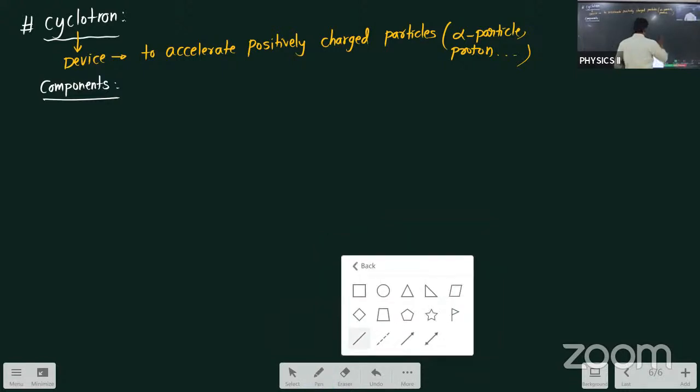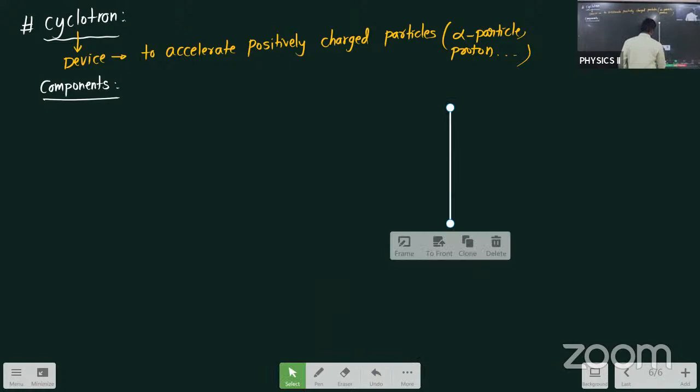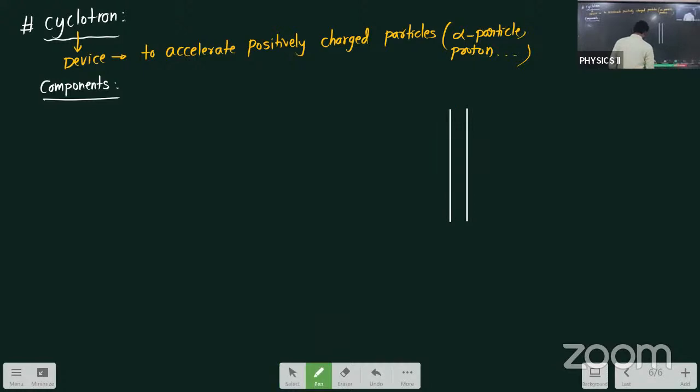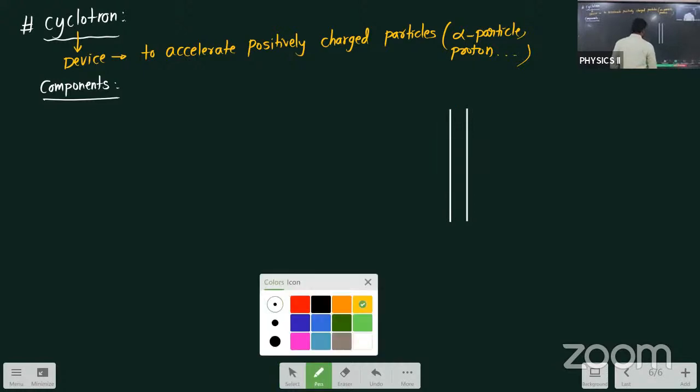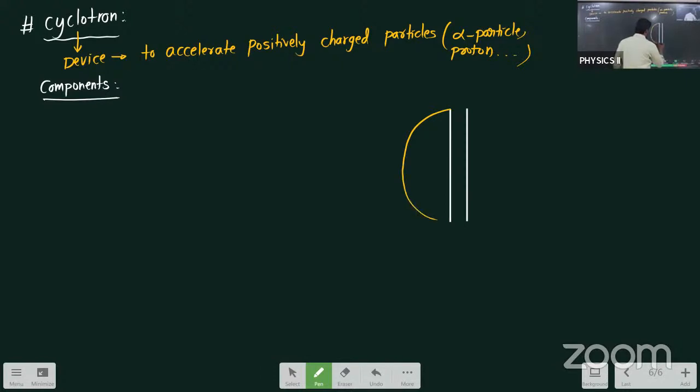They are called Ds because they are in the shape of the letter D. The first component is the Ds.